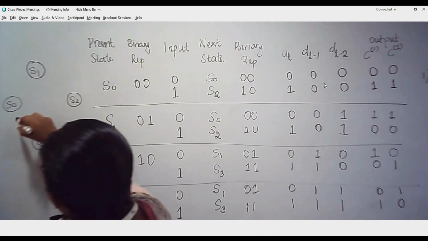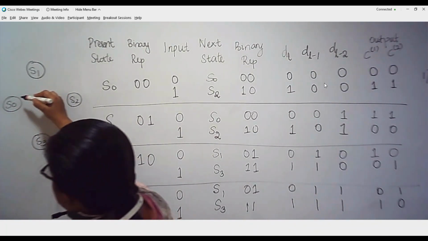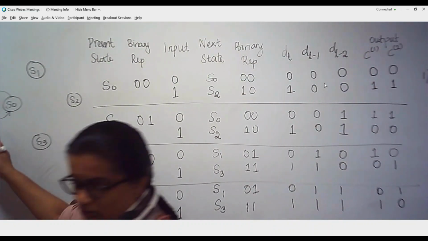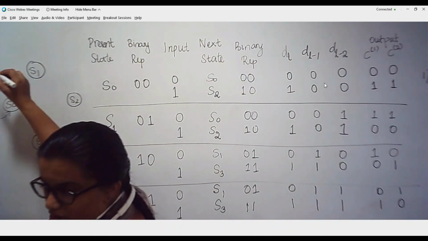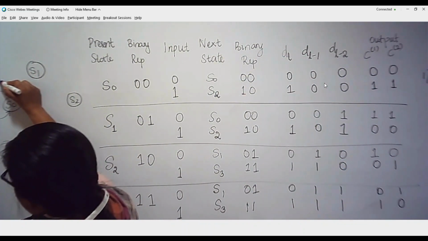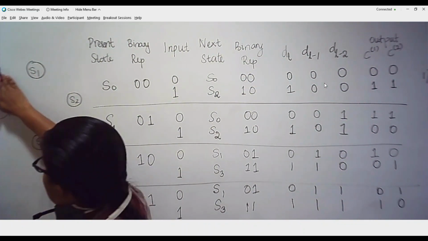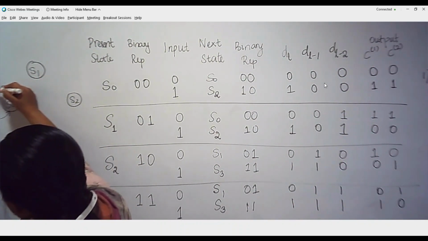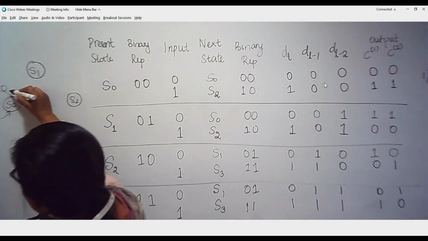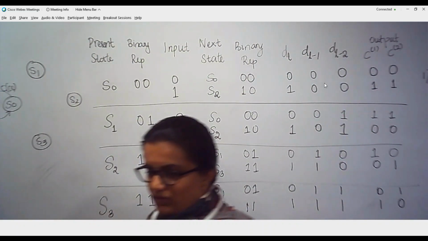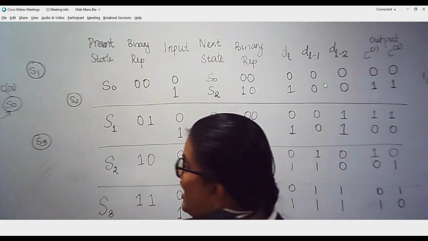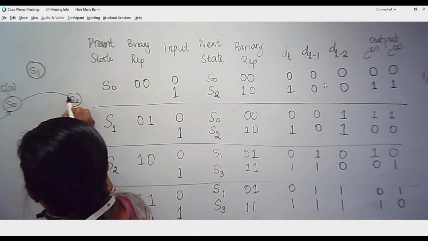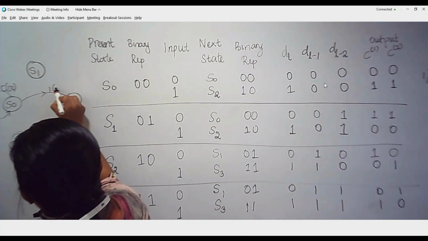So at S0, if the input is given as 0, I'll write it over here at the top. You can see over here. If the input is 0, then it will have the transition to the same state S0 with the output 0, 0. If the input is 1, then the transition happens to S2 with the output 1, 1.